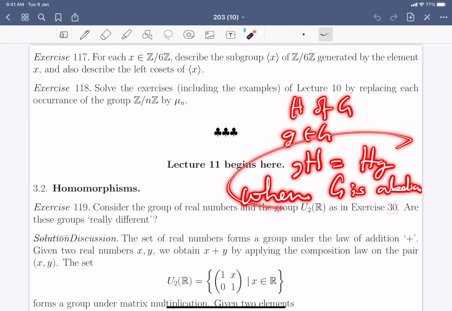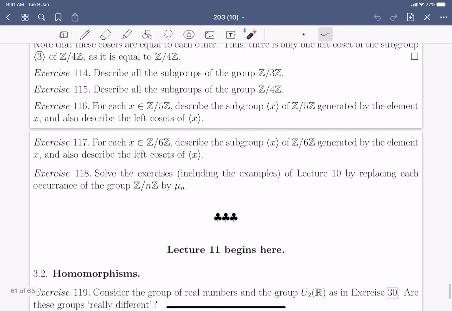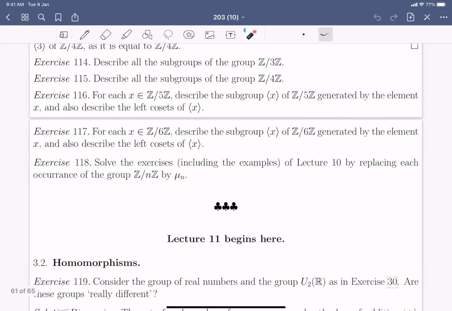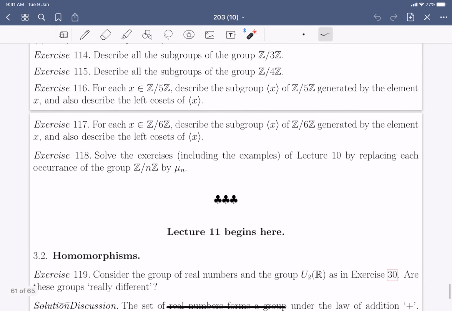Please try to see that this is indeed the case. This is really easy to see. It just uses the definition of an abelian group, nothing beyond that.